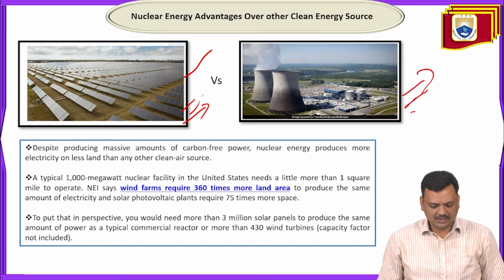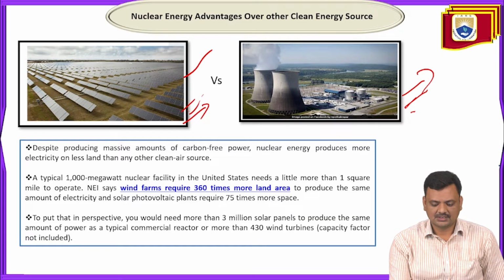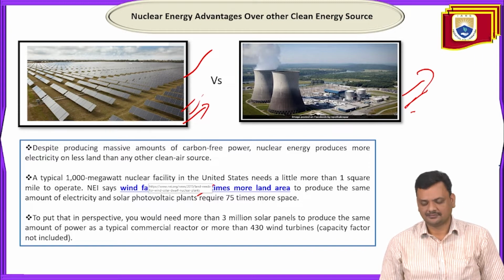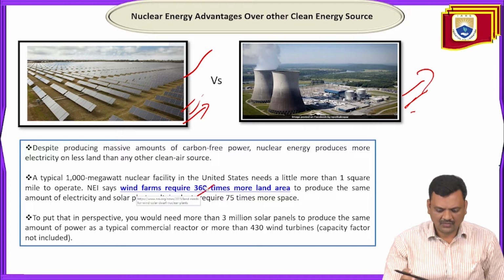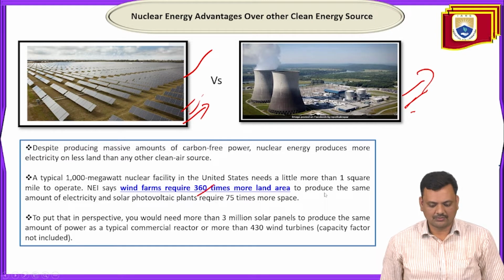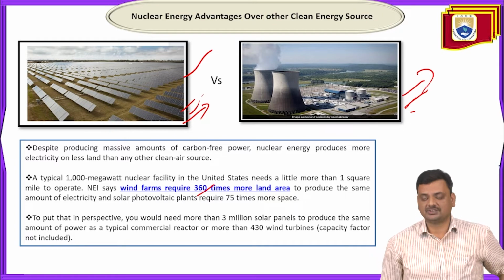In comparison to this, wind farms require 360 times more land area to produce the same amount of electricity, and solar photovoltaic plants require 75 times more space.